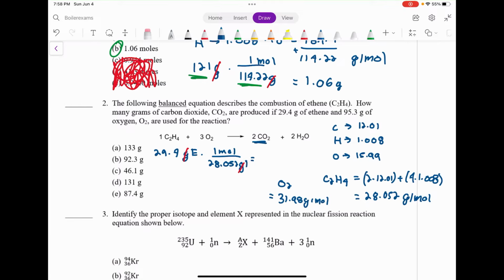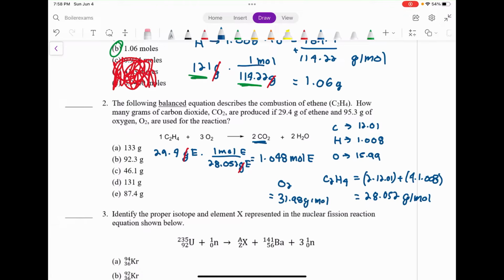And that's ethane. 29.4 divided by that molecular weight gives us just over 1.048. Just over 1 mole of ethane. I'm shorthanding that E, I'm just saying that's ethane. I don't want to write out the whole thing.